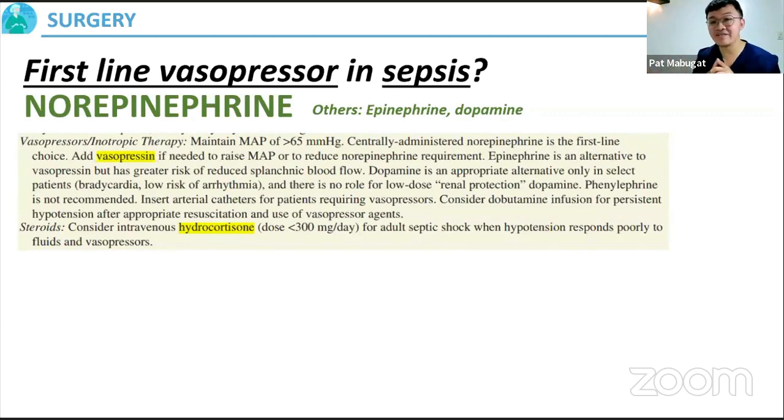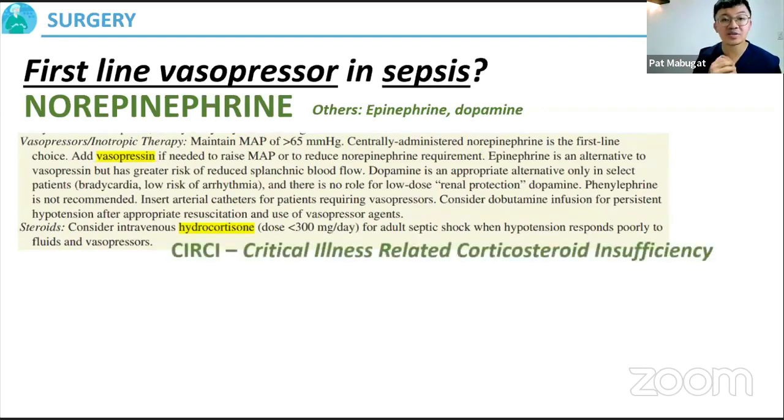Well, that is actually a valid suggestion because according to sepsis guidelines, if you've already exhausted your 3 inotropes, you can add hydrocortisone because some of these patients have what we call CIRCI. CIRCI stands for critical illness-related corticosteroid insufficiency. So in patients who are undergoing shock, they usually have adrenal insufficiency, which is incapable of meeting their daily demands. If you add hydrocortisone, sometimes the vasopressors will take action.